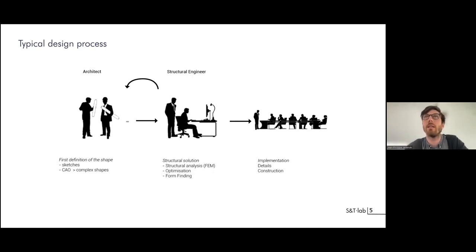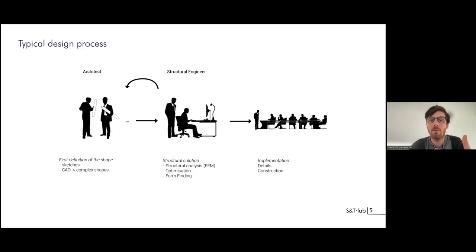makes a building. The problem is that sometimes what we do as architects does not fully meet what it could be as a structure. The tools now available to structural engineers are mostly FEM, optimization, and form finding.